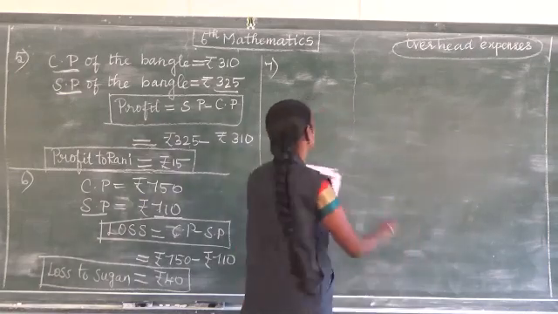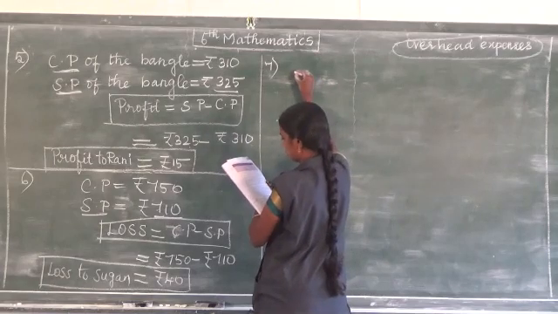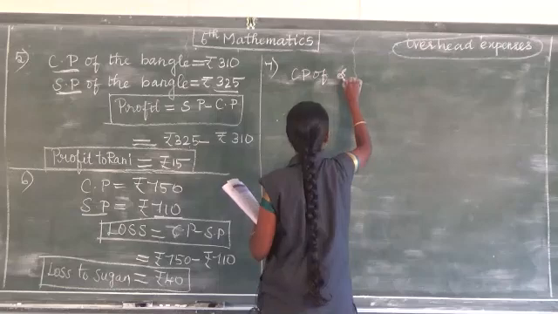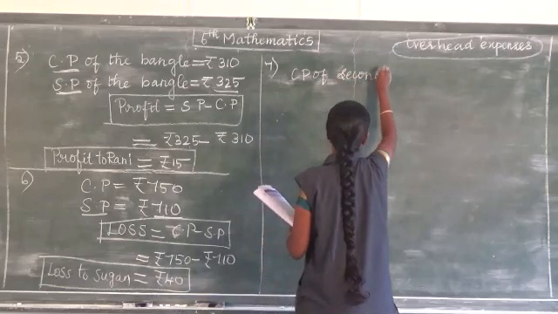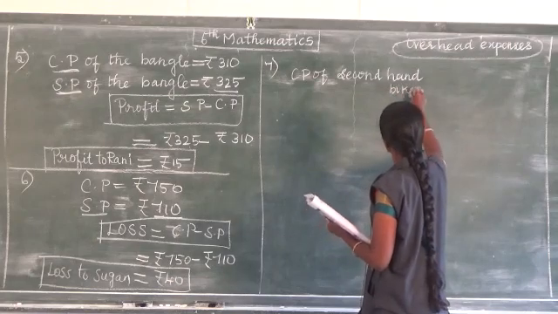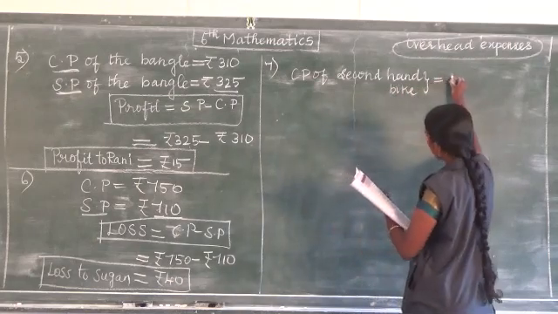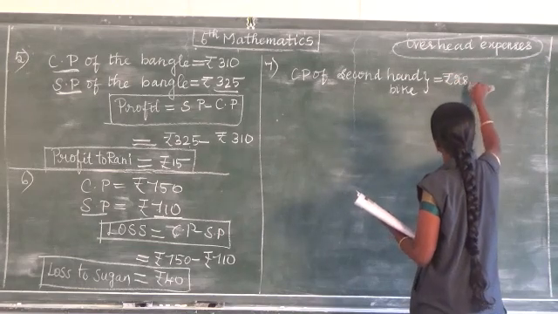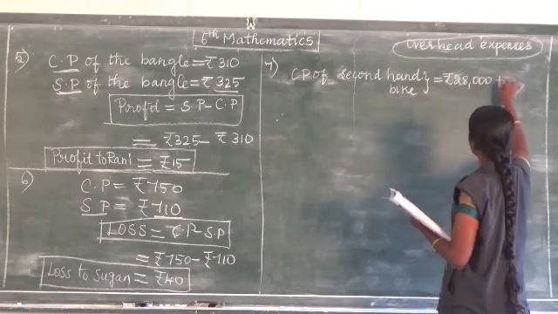Now, the cost price of the second hand bike is 28,000 plus the repair amount.